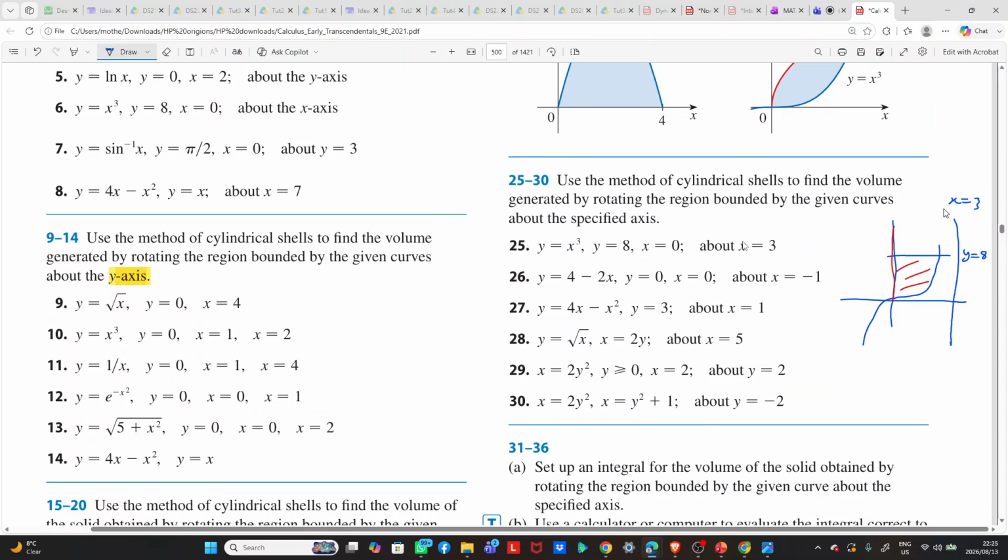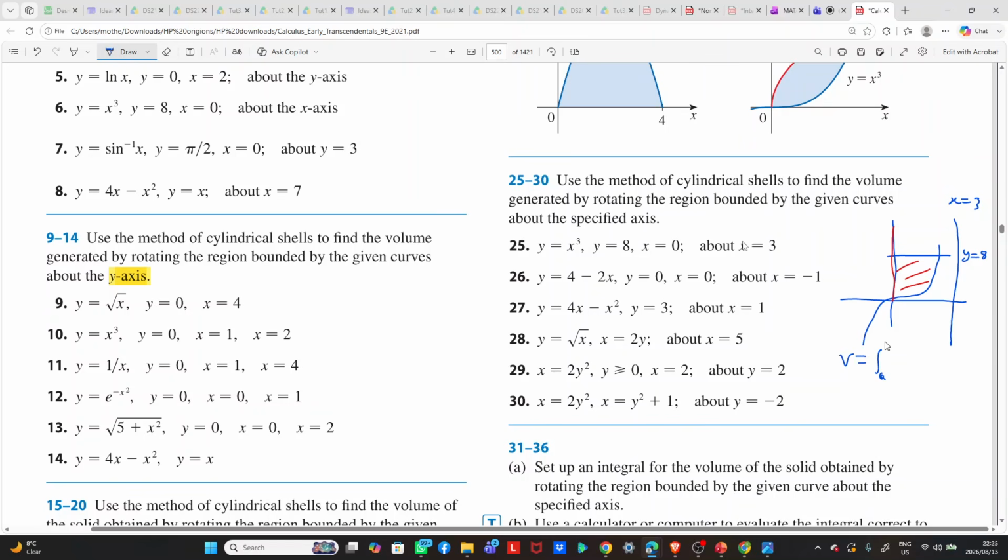So if we are talking about the line x equals 3, we have more or less shifted the center from the y-axis to x equals 3. We are here now. The idea is that whenever we are rotating about a vertical line, the volume is given by this, right?